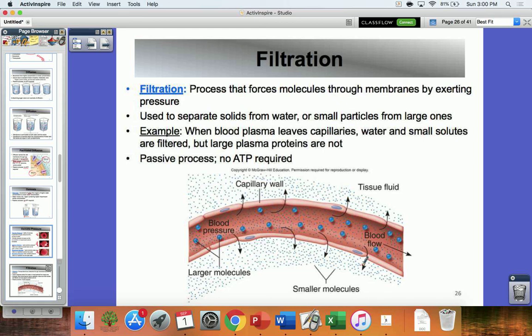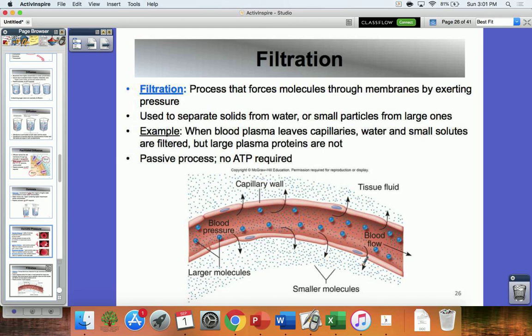But an example, for instance, when blood plasma leaves capillaries, we're going to have only certain things that are going to be filtered out. For instance, in the kidneys, the very first thing that happens is filtration. Tons of things are pushed out of the blood and into the nephron of the kidney, but large plasma proteins are not pushed through.